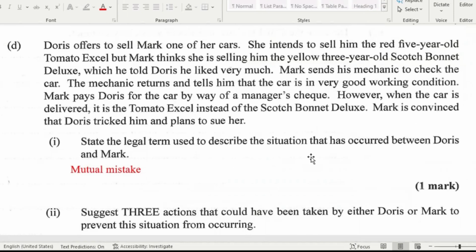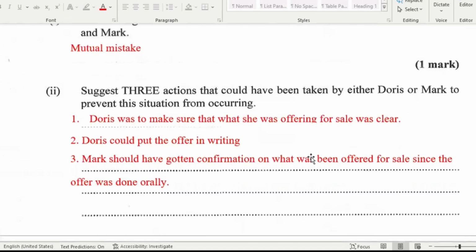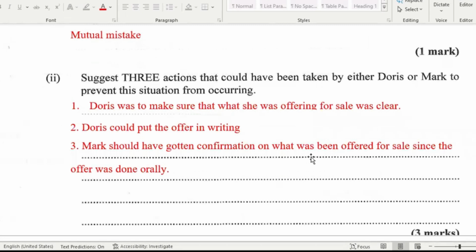What do you think? Let's explore. First of all, Doris was to make sure that what she was offering for sale was clear.